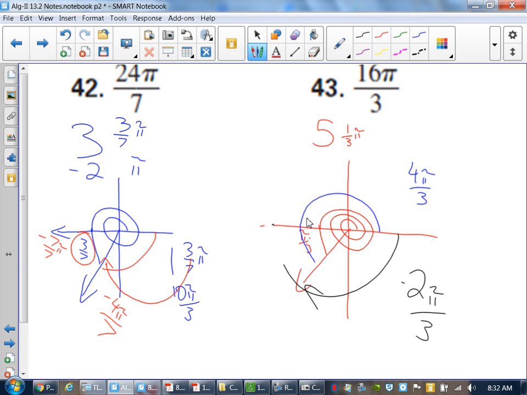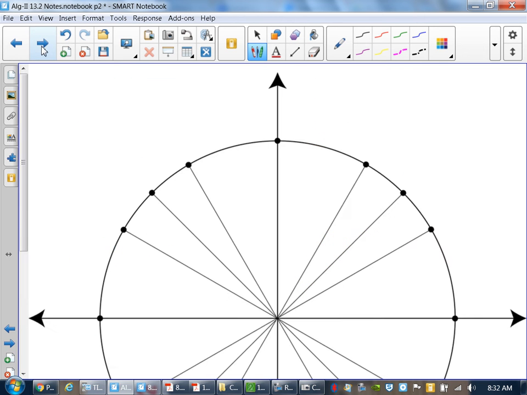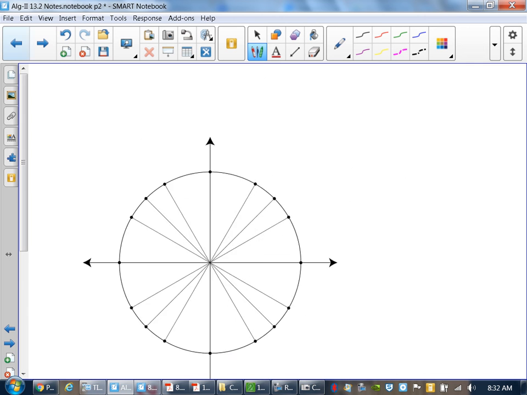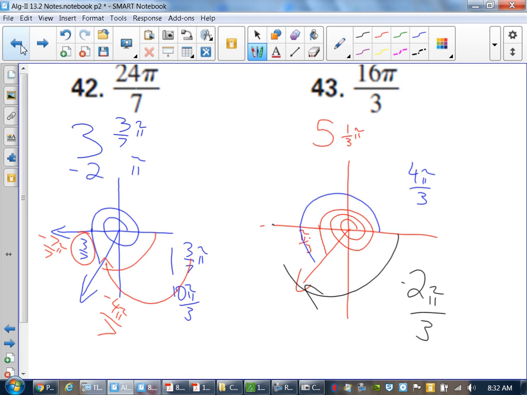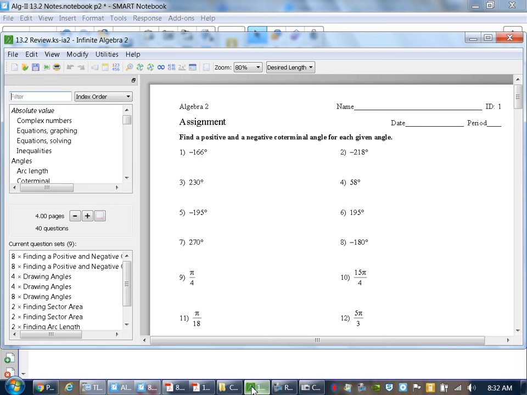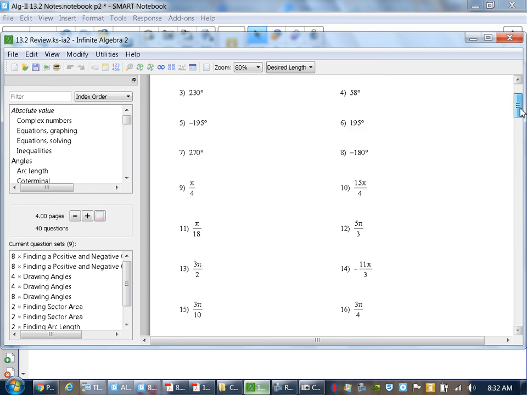Well, I'm guessing I'm not going to be able to get to arc length and area stuff today. But we'll do arc length area stuff. I know yesterday we started to try to draw this stuff in. I'll give you guys one of these probably tomorrow also. What I have though is I made a thingy with positive and negative coterminal stuff. Just a whole bunch of list of things to help you guys through, both in degrees and in radians.